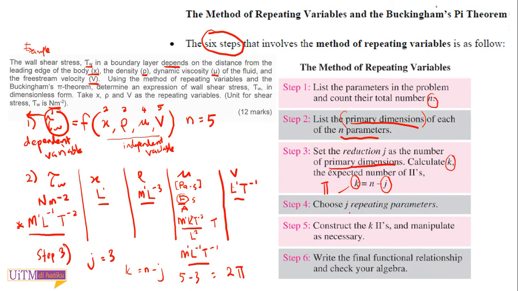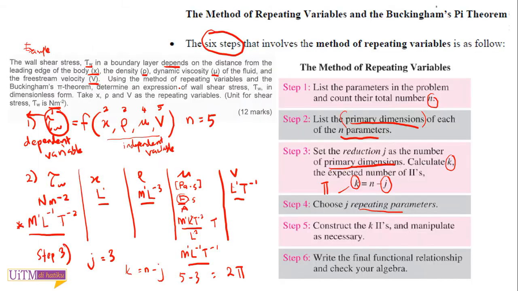And step number 4 is about choosing the repeating parameters or repeating variables. For this question, they already gave it to you. Take X, rho and V as the repeating variables. So step 4 is already given in the problem.